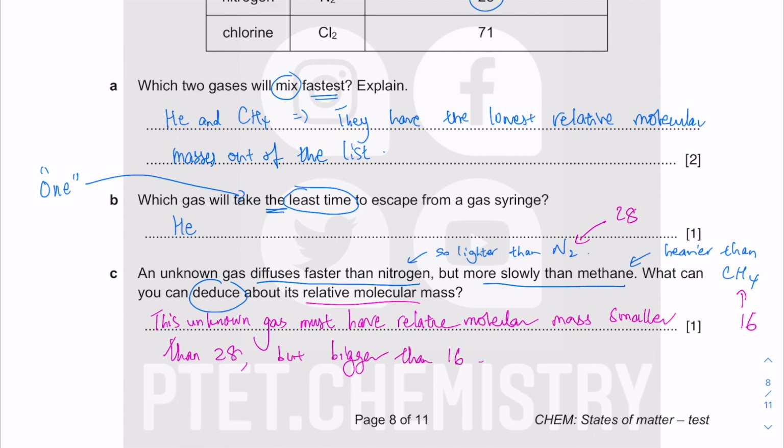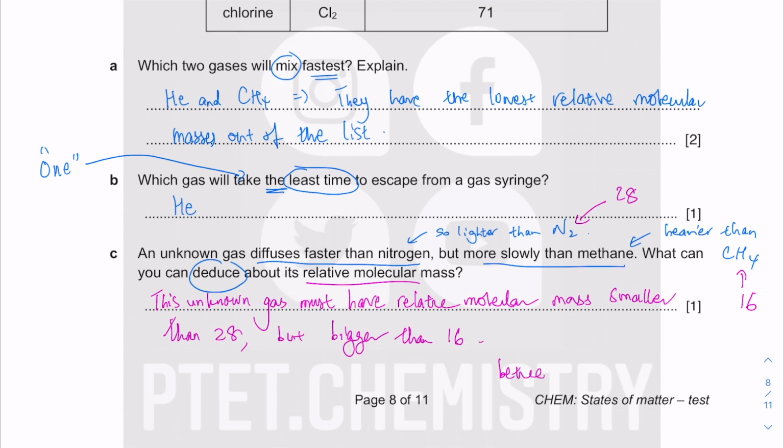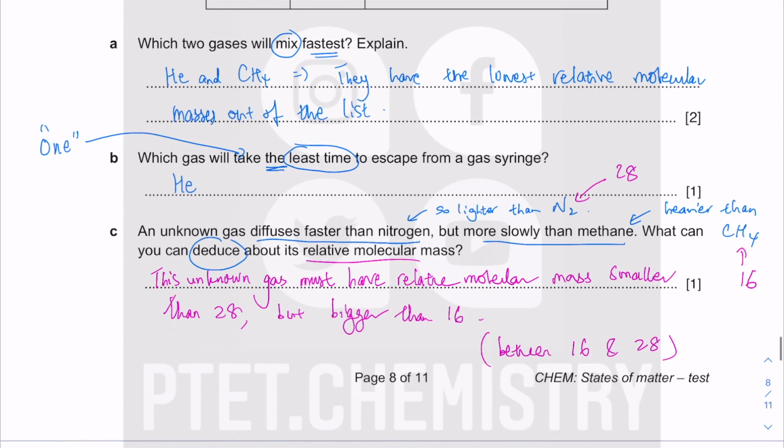Or you can simply say it has to take a value between 16 and 28. It's the same thing. What I'm trying to say is there are often more than one way of structuring your sentences. Even though you use your own words, it's perfectly fine, but you have to think about whether it covers everything that's being asked of you.